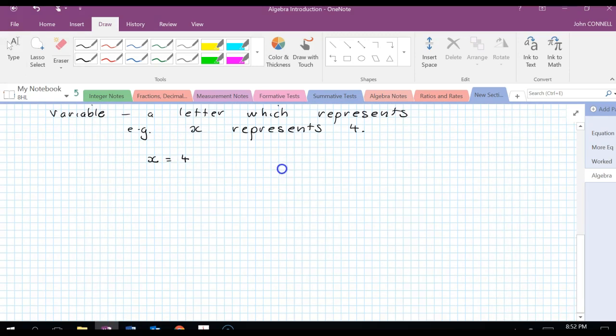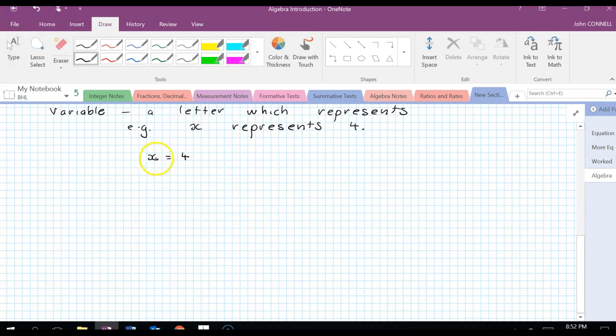Now what I can do, which is still going to make my equation true, it's going to be the same thing on both sides, is I can multiply both sides by 2. So I can say that 2 times x is equal to 2 times 4. Now we know that 2 times x can be written as 2x, and we know that 4 times 2 is 8. So I can say that 2x is equal to 8.